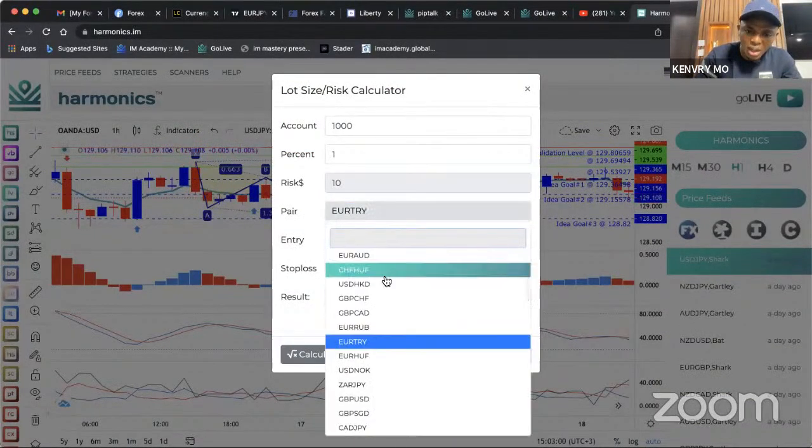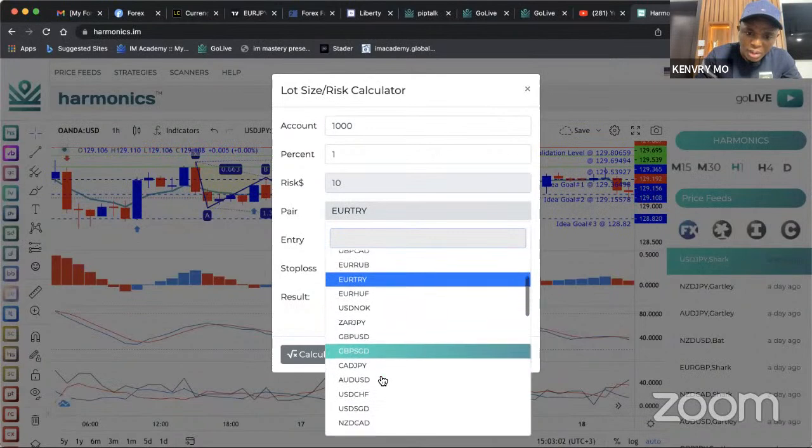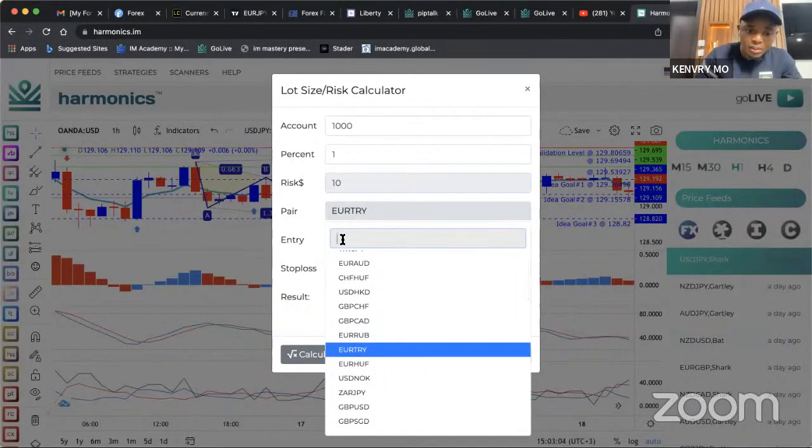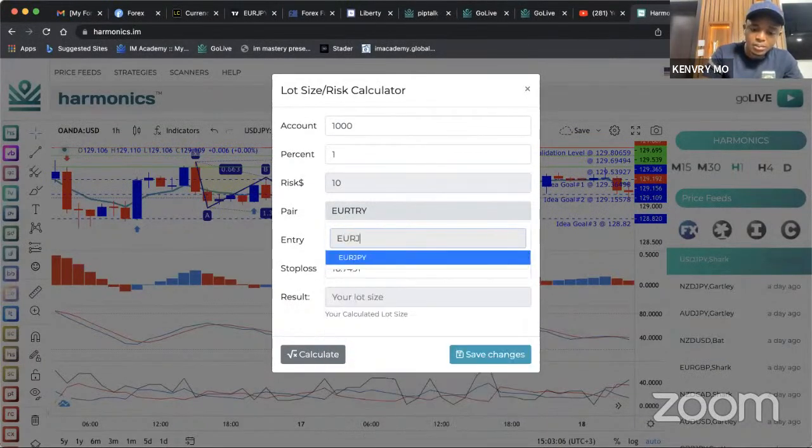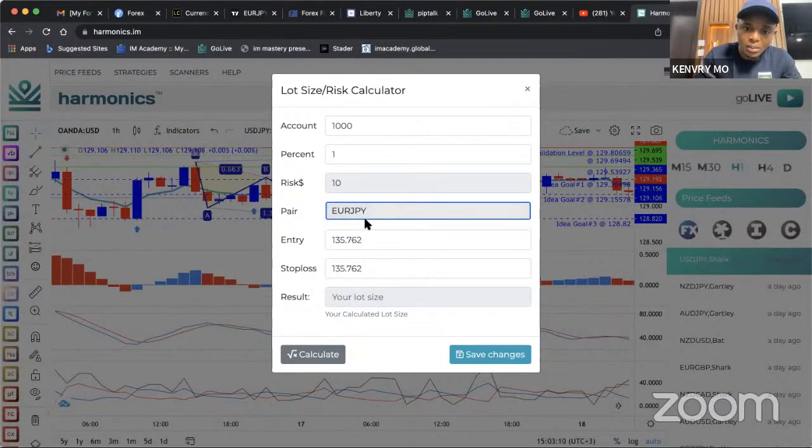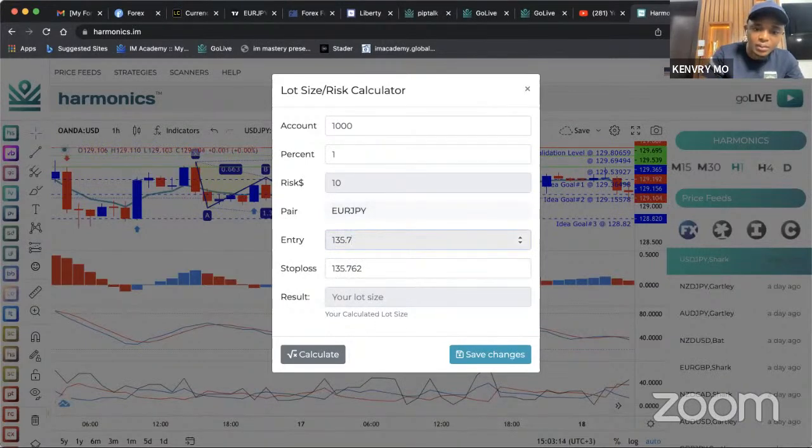Oh, Euro JPY. 131.815. So 815, and the stop loss is 50 pips.